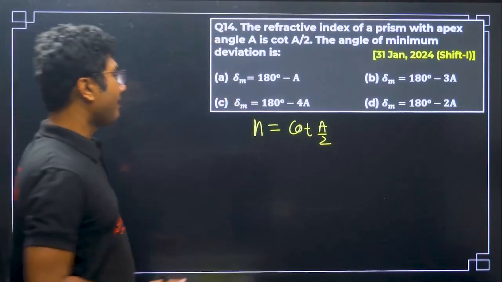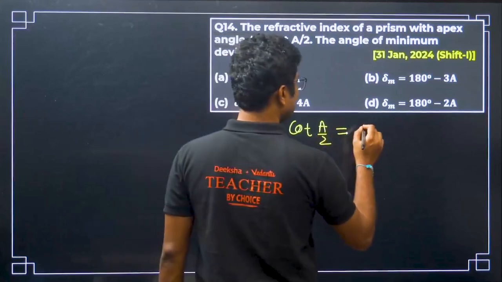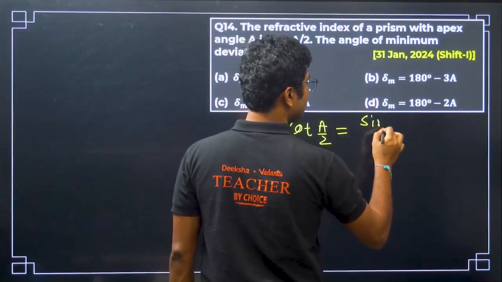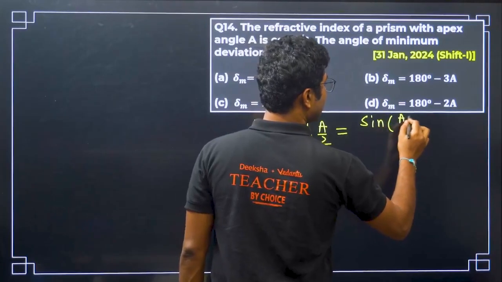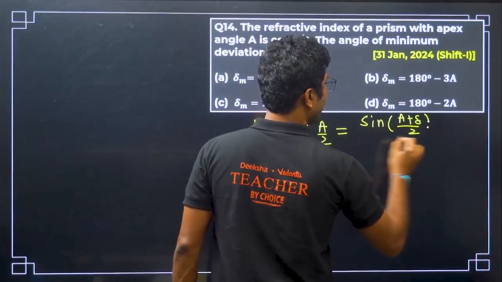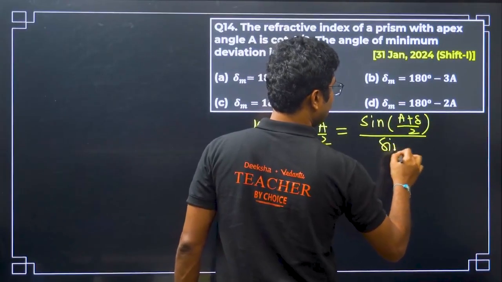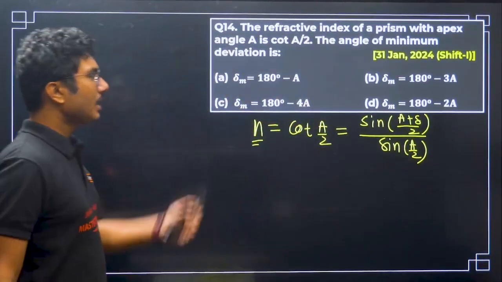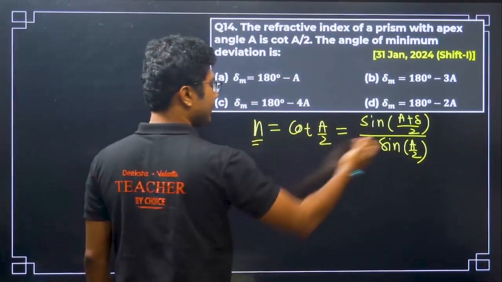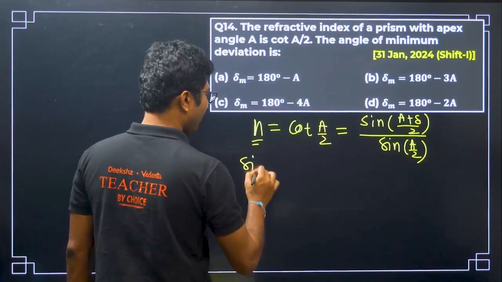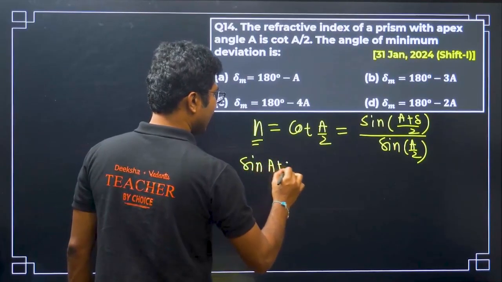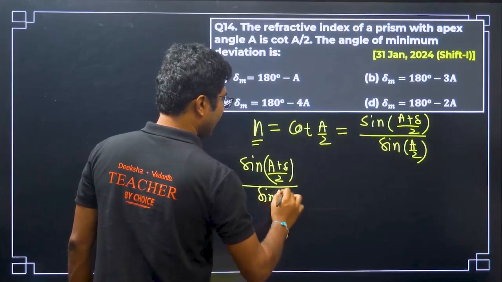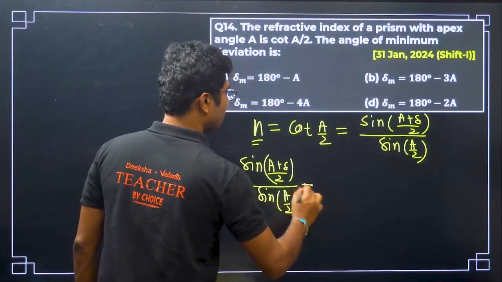Okay, apex angle is A. So that means from the formula of minimum deviation, this is nothing but sine A plus delta by 2 divided by sine A by 2. That is the formula for refractive index, right? Now we will compare these two equations and simplify it. So sine A plus delta by 2 divided by sine A by 2 equals cot A by 2.